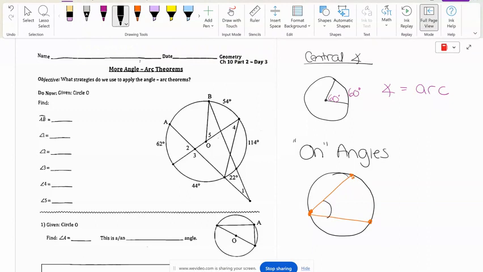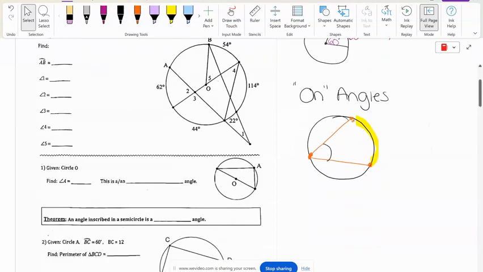So here's our angle. We're working with the arc that it intercepts. So it's this arc right here. What is the relationship between an angle whose vertex is on the circle and its intercepted arc? PJ? You got it. So for the on angle, the angle is equal to the arc divided by 2.